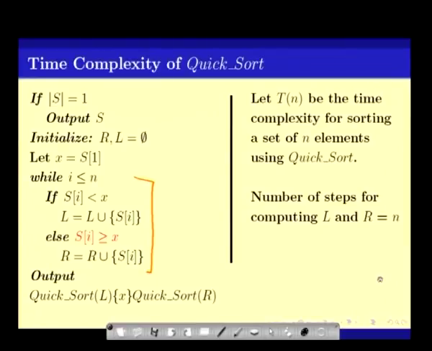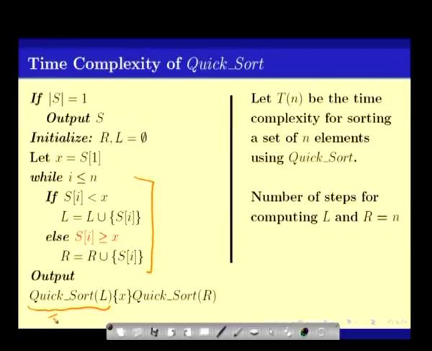For T n, which in this case is for a set S, the time complexity is: it has to do these n operations, and after that to output it, it has to quick sort L. Now, to quick sort L, how much time will it take?